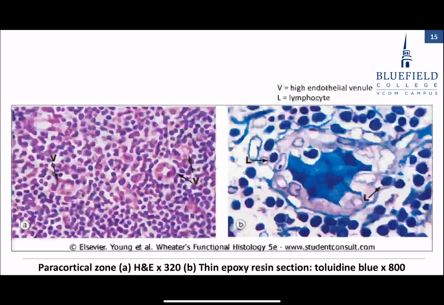Now also, when we look within the lymphatic tissue here, we're going to find postcapillary venules. This would be a plastic section stained with toluidine blue. The endothelial cells aren't pancake-like, they're much fatter. They don't look like typical simple squamous cells, so we refer to these as high endothelial venules. They're postcapillary venules. And what did we say postcapillary venules did?